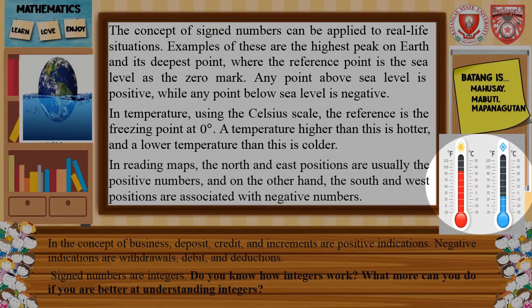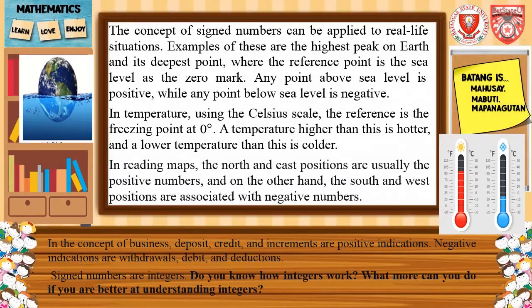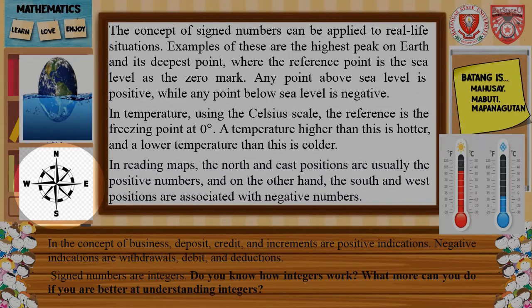A temperature higher than this is hotter, and a lower temperature is colder. In reading a map, the north and east positions are usually positive numbers, and on the other hand, the south and west positions are associated with negative numbers.